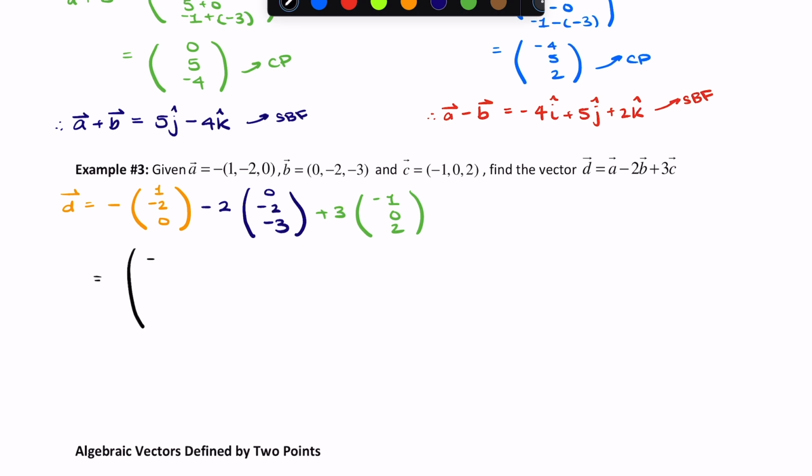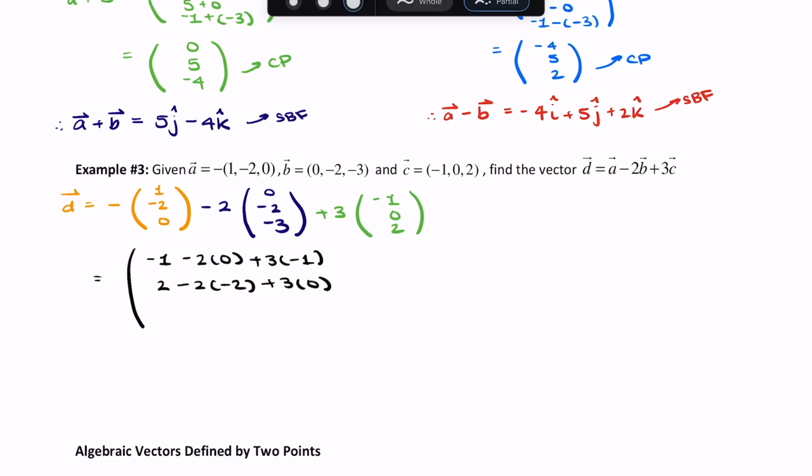So here we'll do the x values for vector A, vector B, and vector C. So here we have -1 minus 2 times 0. So really what we're doing is just expanding in terms of the x values, plus 3 times -1. The y values, we have -2 minus 2 times -2 plus 3 times 0.